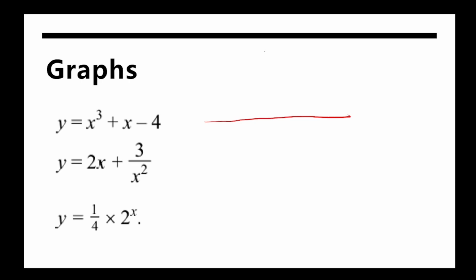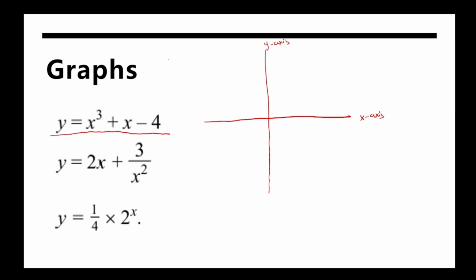So in a coordinate system with the y-axis being the vertical axis and the x-axis being the horizontal axis, you can mark this relationship or the function on this coordinate system.